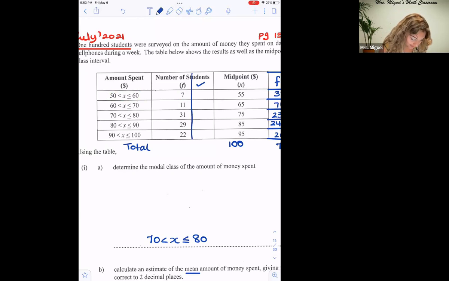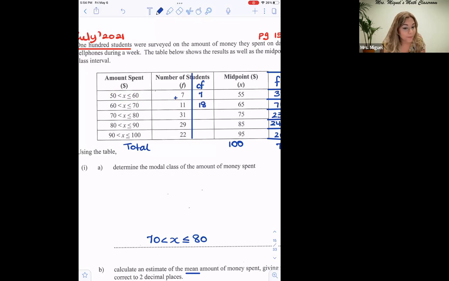So here we have the CF. 11 spent between 60 and 70. So if we add 7 and 11, we will get 18. We did not reach number 50 as yet.